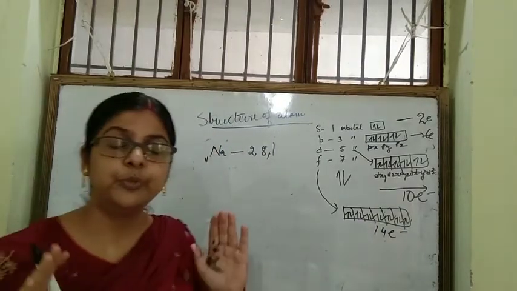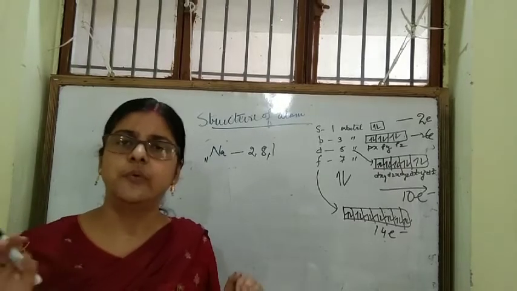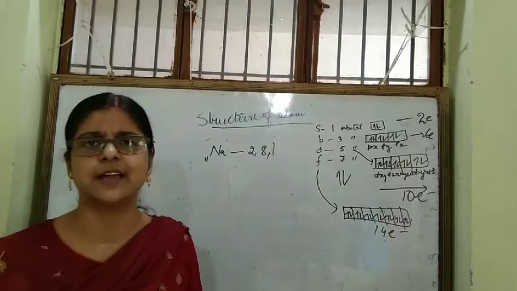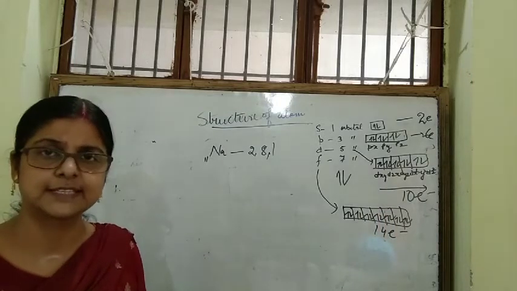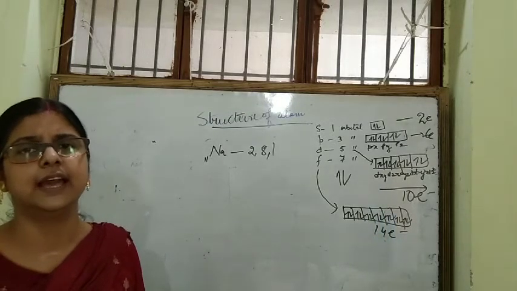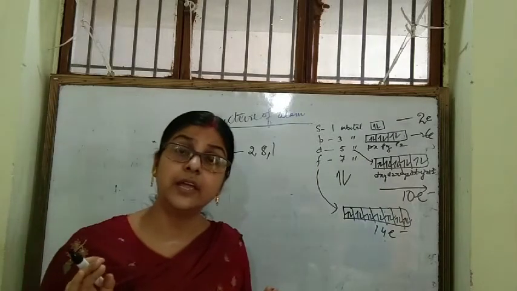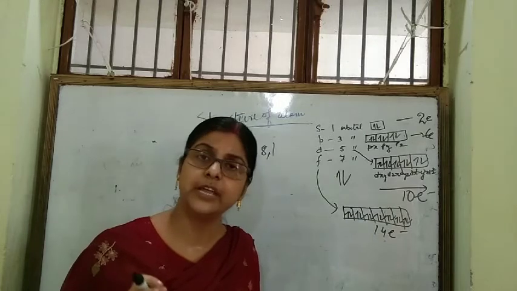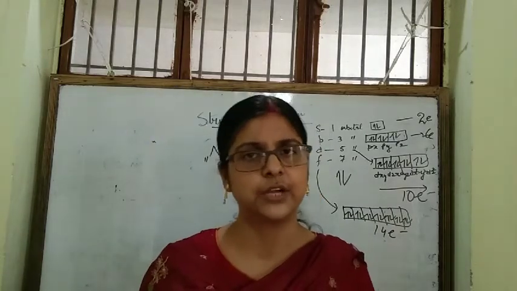So, before studying about the electronic configuration, we'll have to make a clear concept that each shell contains subshells. And in a subshell, there are orbitals. And in each orbital, how many electrons can be accommodated? 2 electrons can be accommodated.